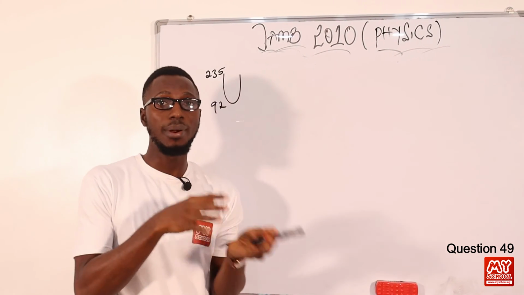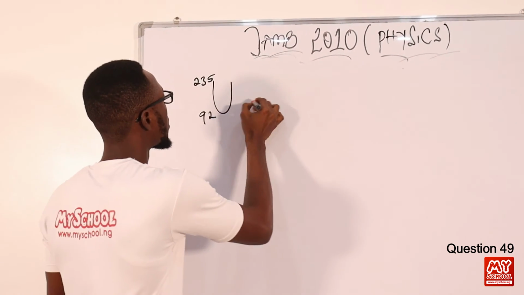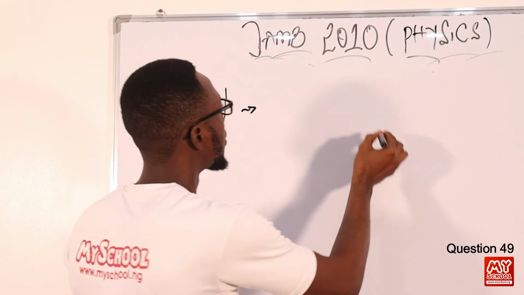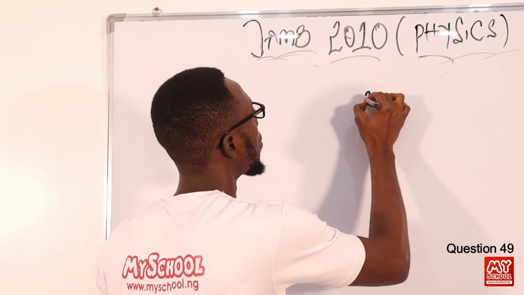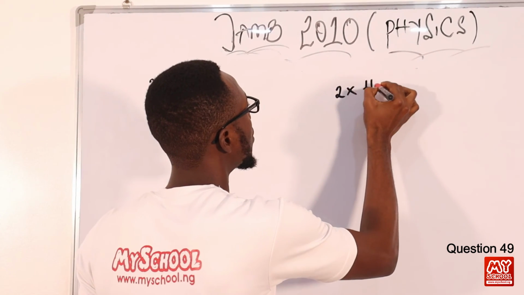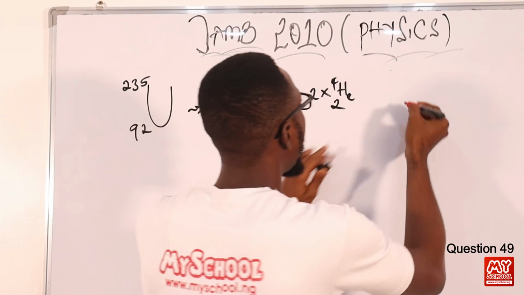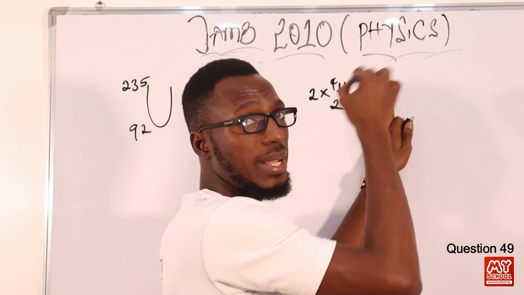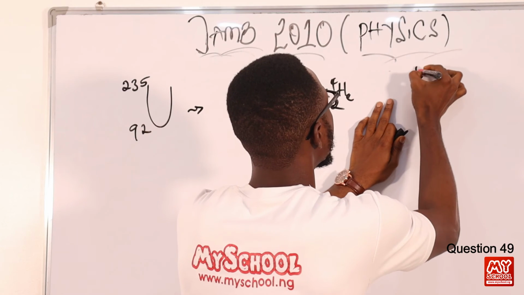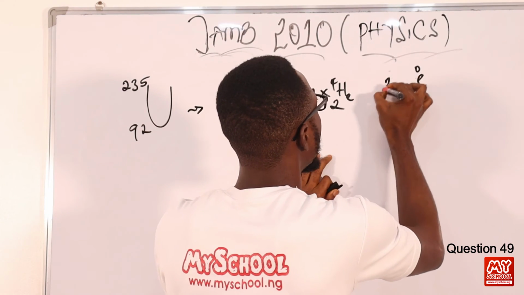Alpha particles are helium, so 2 times helium, 4 and 2. Then for beta particles, we have electrons, 0 and minus 1, and that is 3 of it.